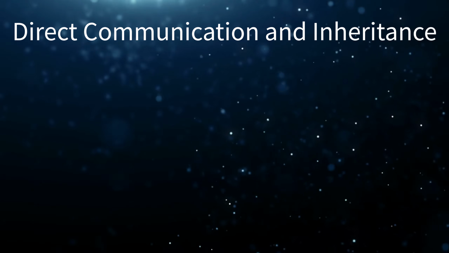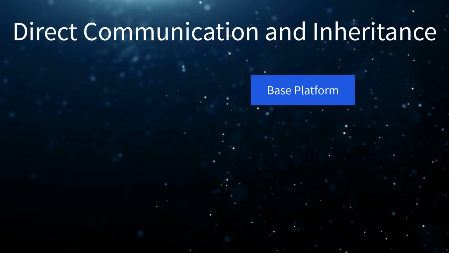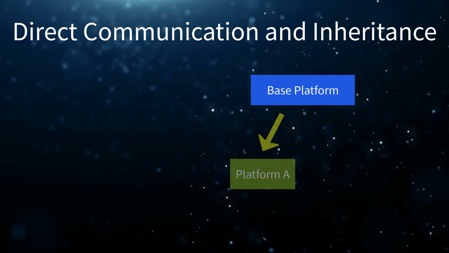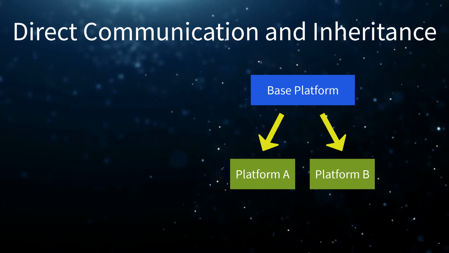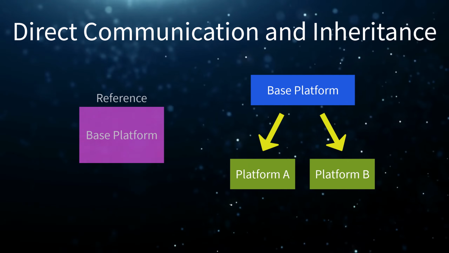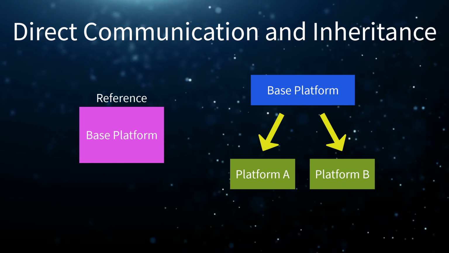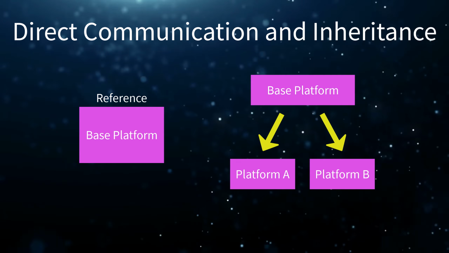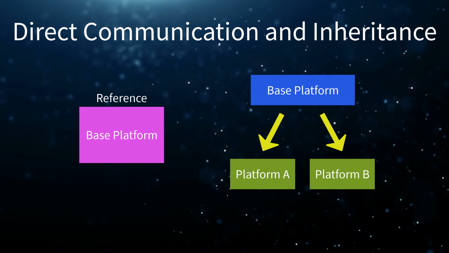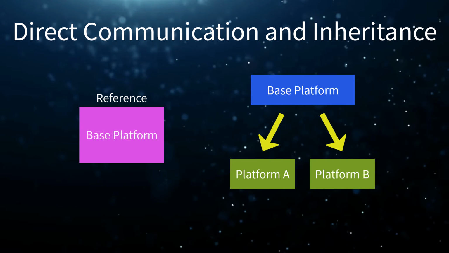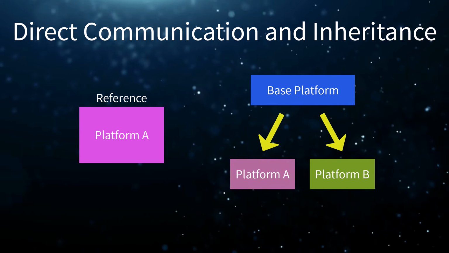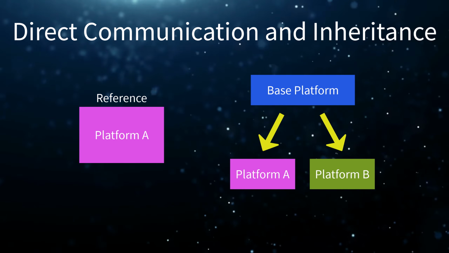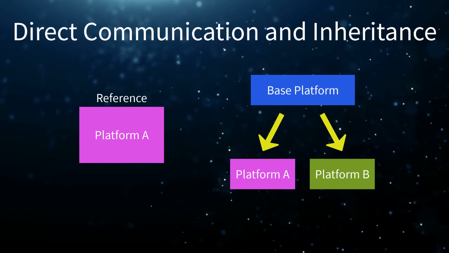So say, for example, we have a base platform class that has two child blueprints, Platform A and Platform B. If you create a reference of class base platform, you will be able to reference all three blueprint instances. However, the opposite is not true. If you create a reference of class Platform A, you will not be able to reference Platform B or base platform. This is something to keep in mind when designing your code.